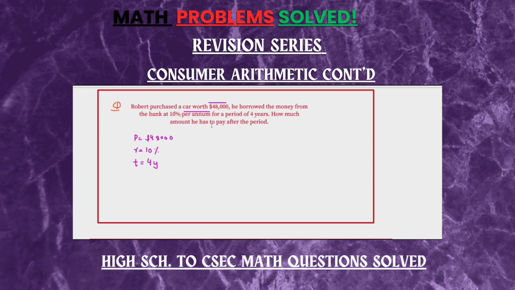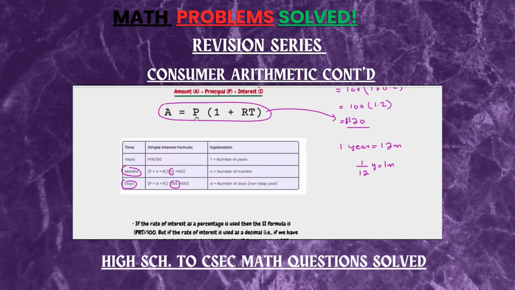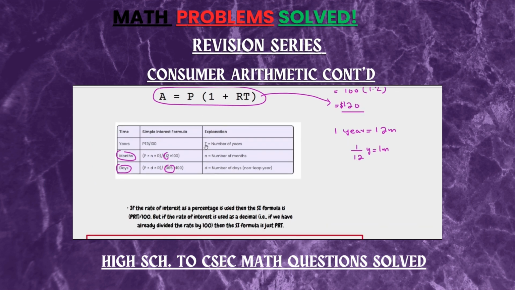How much amount does he have to pay after the period? So here you can see they ask us to find the amount he has to pay after the period. We will represent it as A, right? So what's the formula we studied for A? You can see A equals P times 1 plus PRT, right?